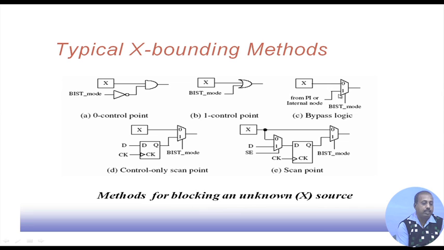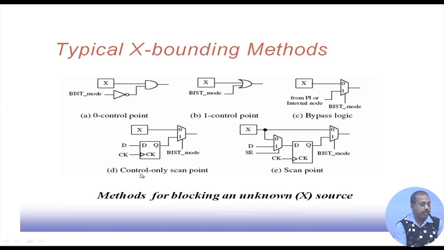The circuit is slightly modified definitely, because now it is taking the value from some internal node, not from the primary input. But the testing of the circuit can go on properly. And in the non-BIST mode, this BIST mode control will be 0. As a result, this unknown source will come to the output. So, normal operation is not hampered, but in BIST mode it is taking some definite value.